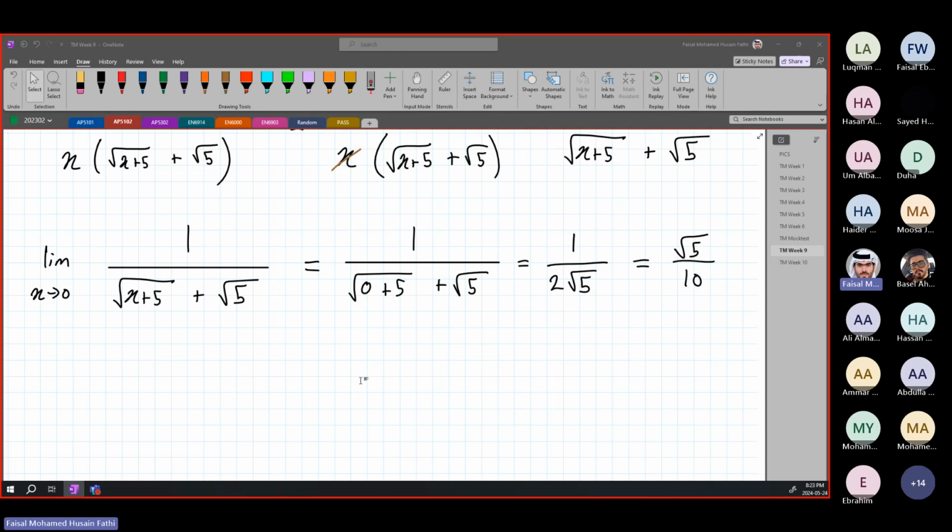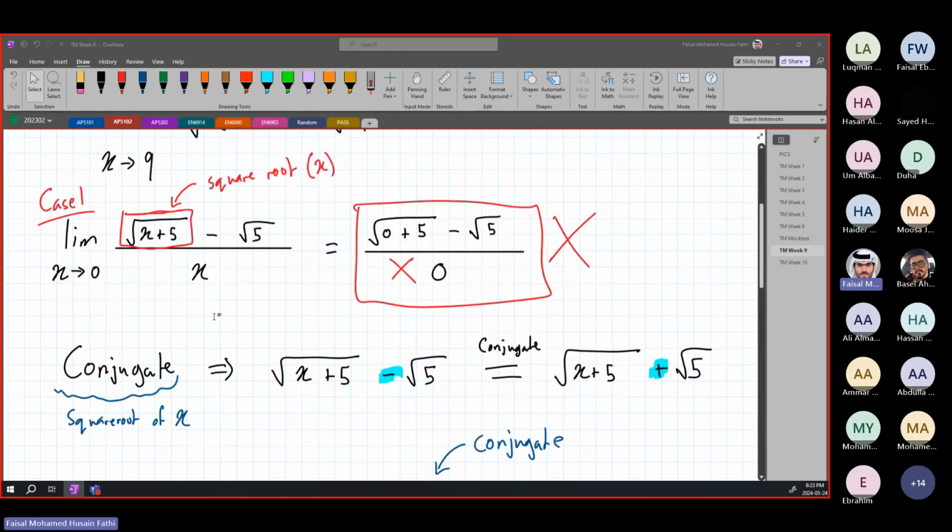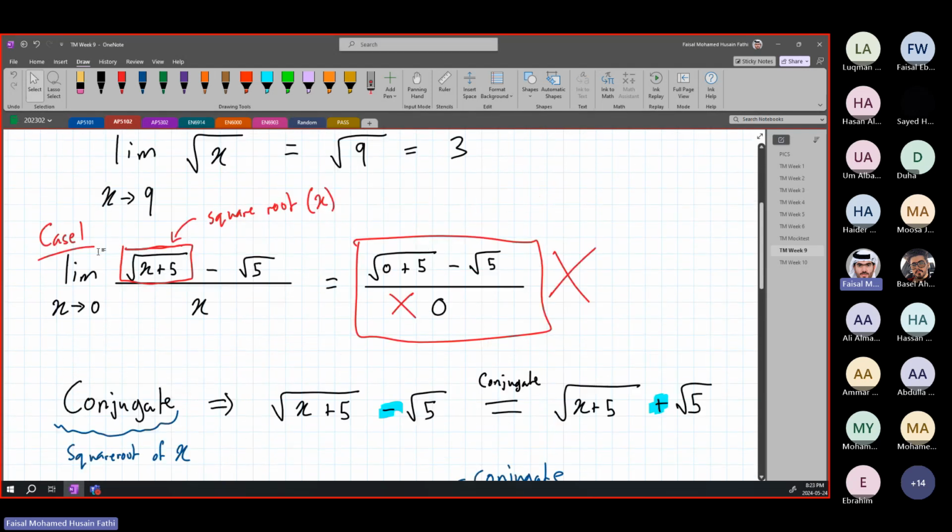All right? In this case only can you apply the conjugate, as I said: if you have a square root of x in the numerator or denominator, it doesn't matter. Meaning either up or down, as long as you have a square root of x on top, you can apply this rule. And of course there has to be something added, because we are flipping the sign. So if it's only the square root of x plus 5, you cannot do anything. All right?